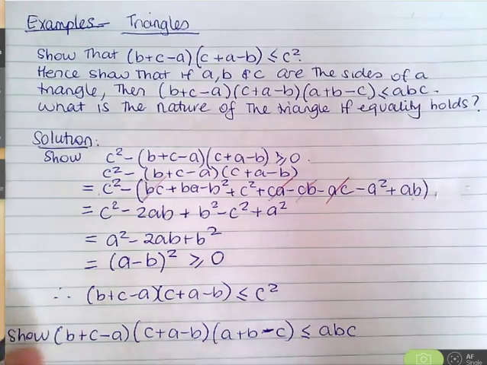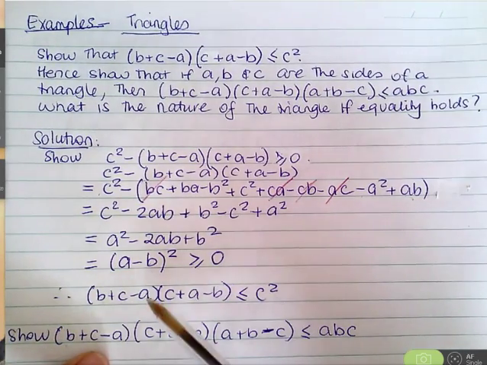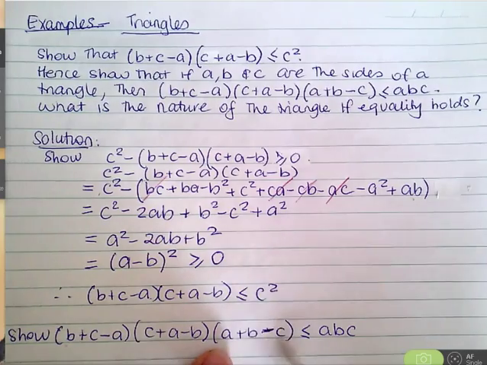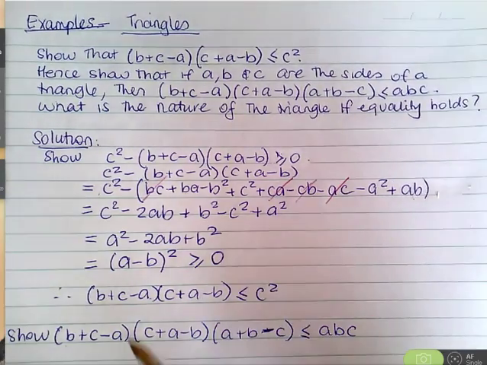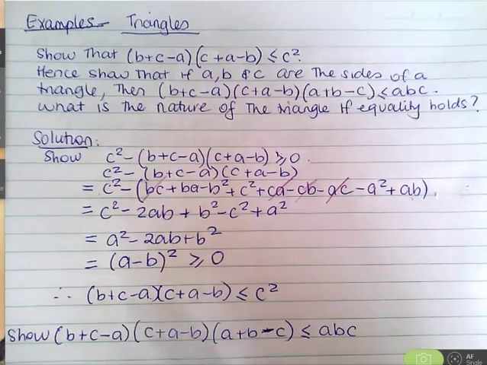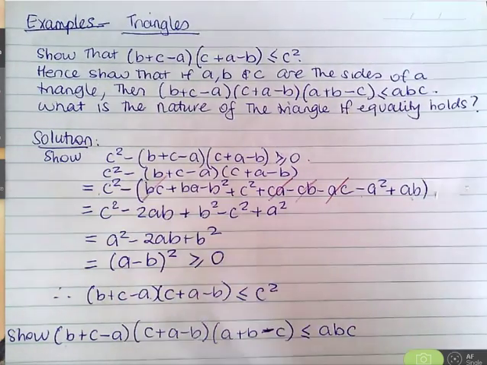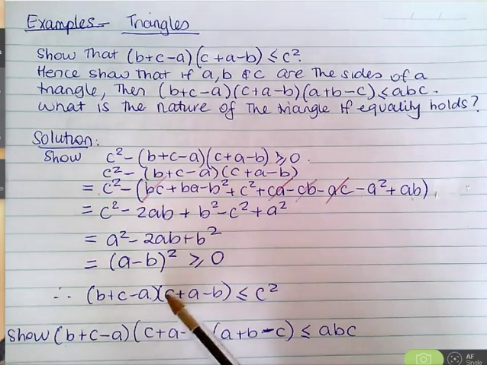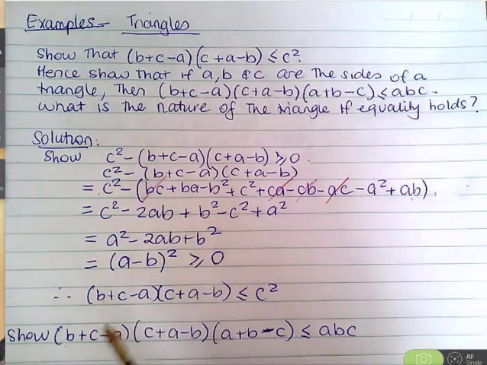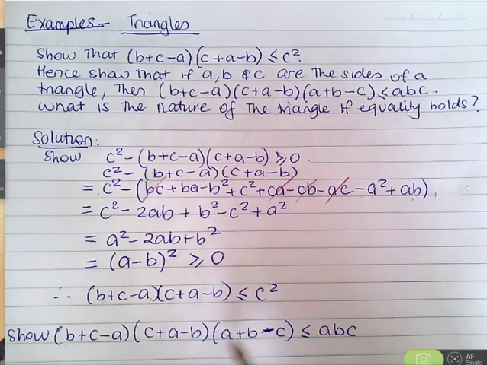Now, if we compare that to what we've got, this appears to be the same, but we have this expression a + b - c here. So we'll have to use this 3 times and replace the a, b and c with each other. Okay, so that we'll come up with this combination here of a + b - c as well.